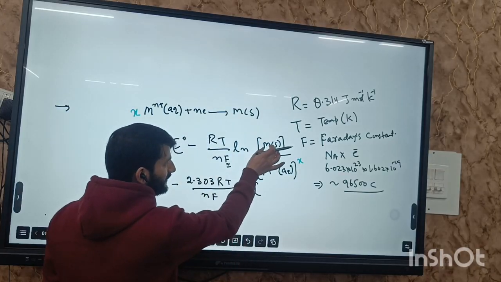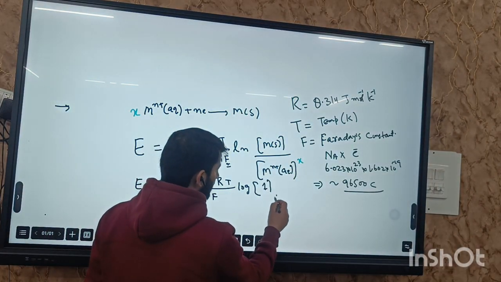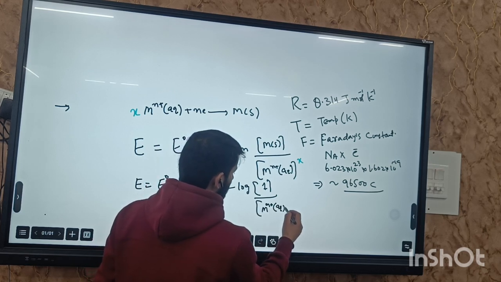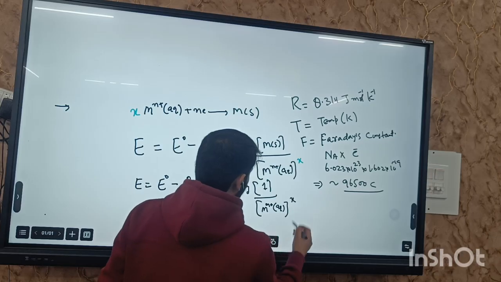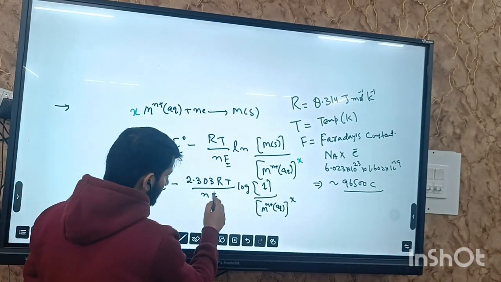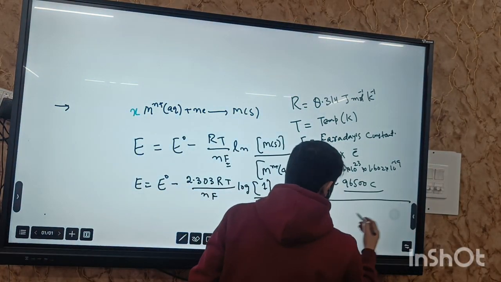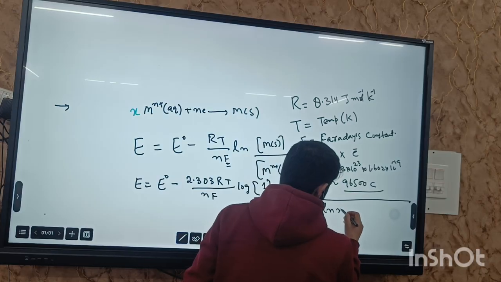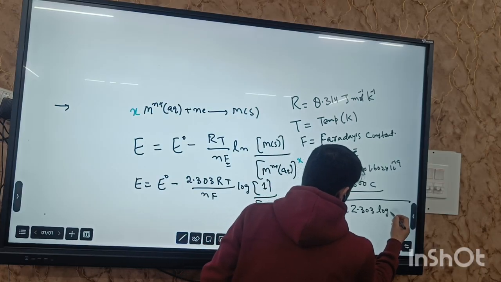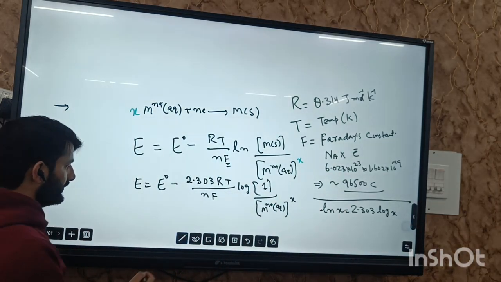This is the molar concentration of the pure solid, and you take it as unity, so we can keep it 1 by Mn aqueous, powered by x as well, because there may be a coefficient. Why have we written 2.303? Because when you convert the natural log into log, you have this conversion: ln of x is equal to 2.303 log of x. That is what we have used here.